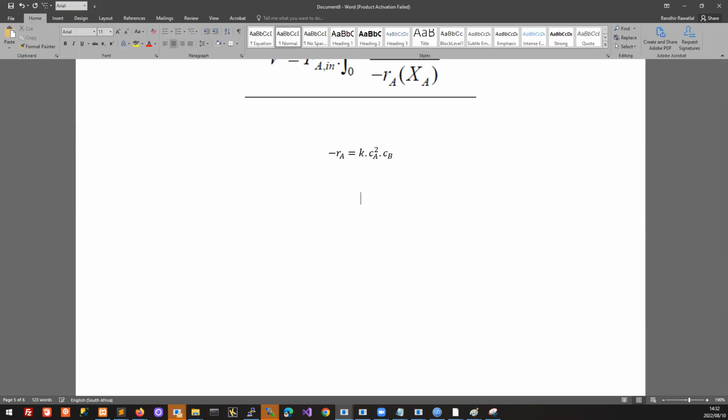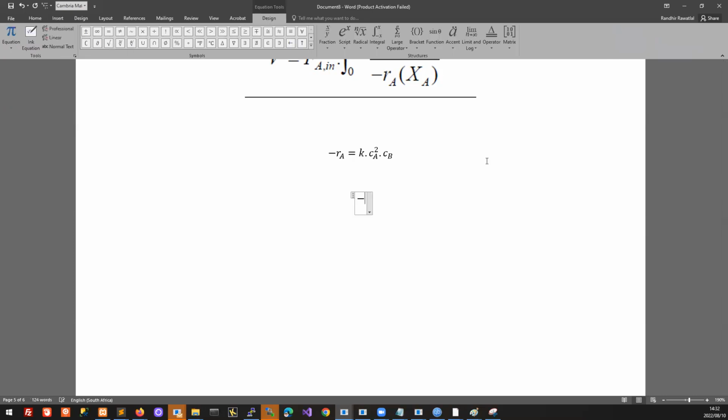But there are certain reactions that have a kind of inverse relationship with their products, with their reactants even. So you can have a situation like this where your reactant actually poisons your system, or it might be that your reactant is interacting with your catalyst or something like that.